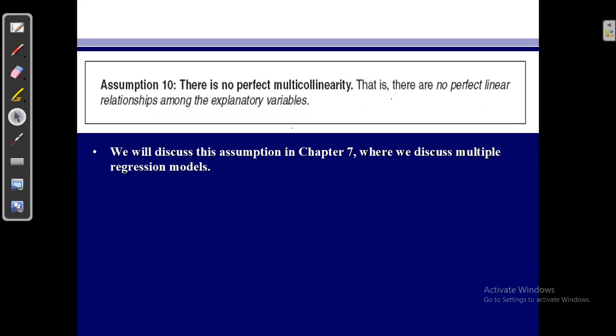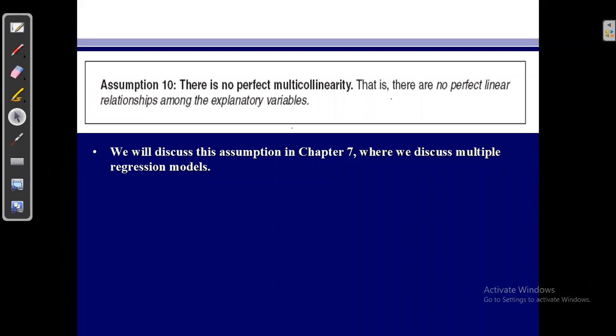But if one variable is increasing by 1 unit, and the other variable is also increasing or decreasing, but not exactly the same quantity, then we say that there is less than perfect correlation, right? So perfect correlation is the strongest possible correlation that you can think about. So therefore, this assumption is only saying that the case of perfect correlation should not be there, okay?